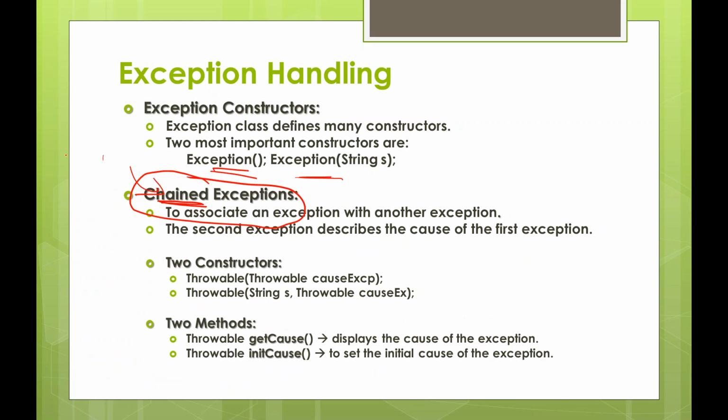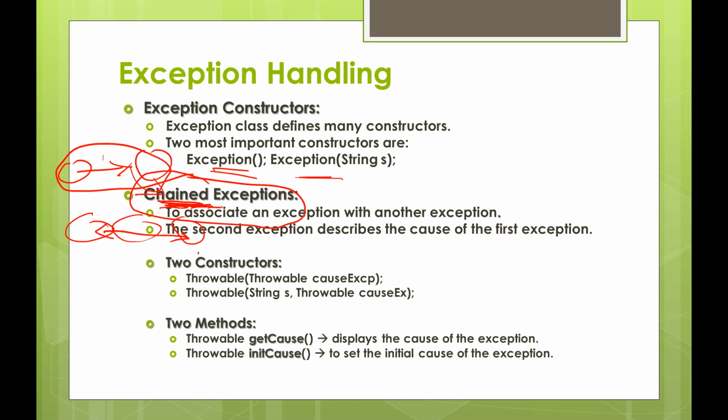It is nothing but a chain. You have one exception, and you chain that exception with another exception. One exception, two exceptions, three exceptions, you are chaining them together. That is why they are called chained exceptions.